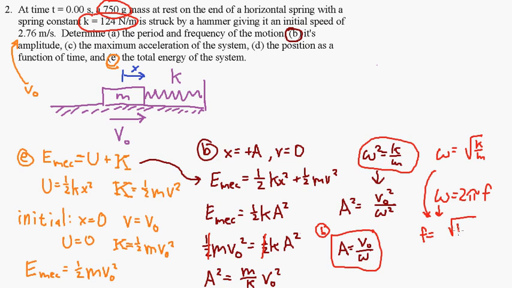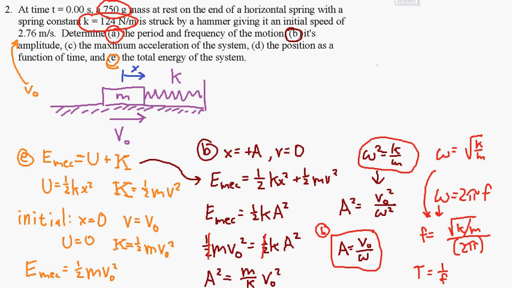So square root of k over m divided by 2 pi. And that's going to be our frequency. And then, of course, period is just 1 over frequency. Frequency is the number of cycles per second, and period is the number of seconds per cycle. So that gets us A. We have A, B, and E. C and D are not terribly hard.